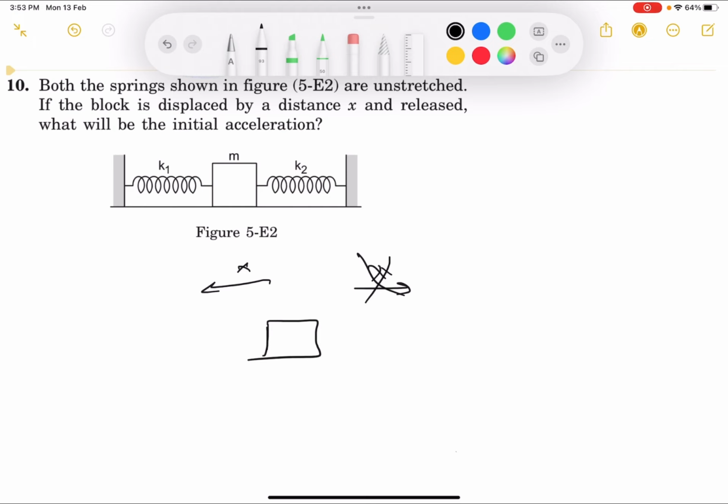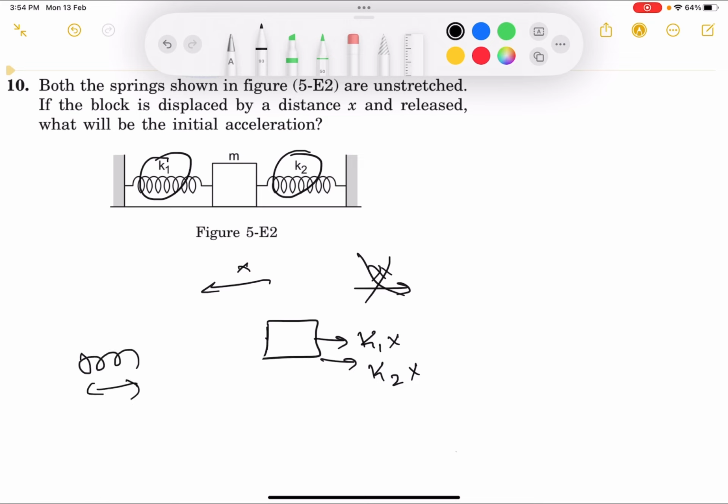So when you pull it to the left, you will have a k1x force in the rightward direction, and also a k2x force in the rightward direction because of this spring. Because of the k1 spring, we are compressing the k1 spring, right? So when you're compressing a spring, it will try to expand.